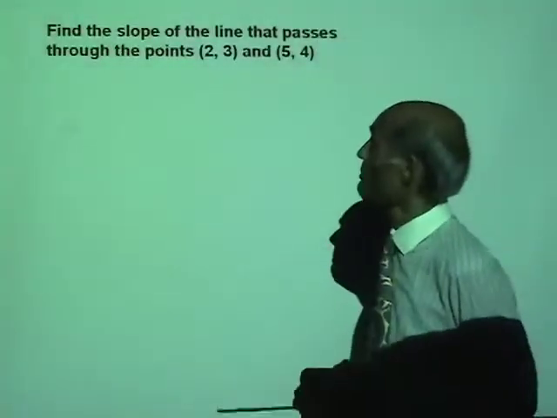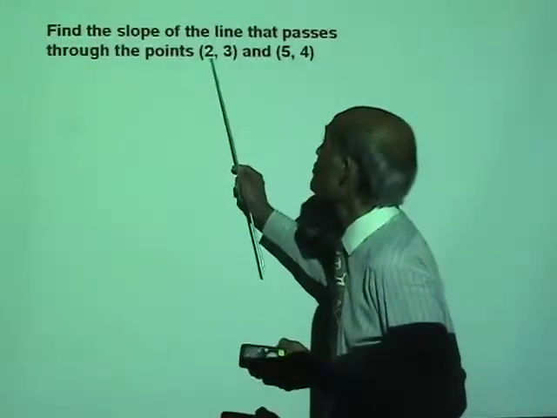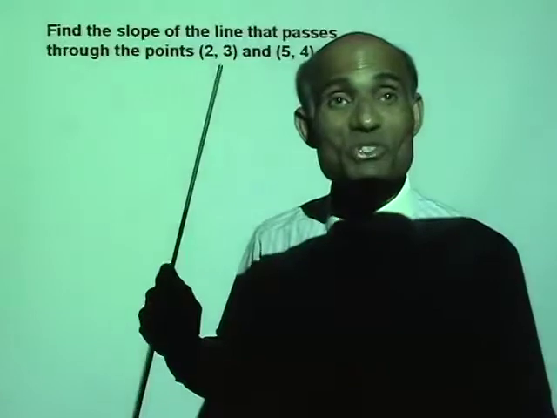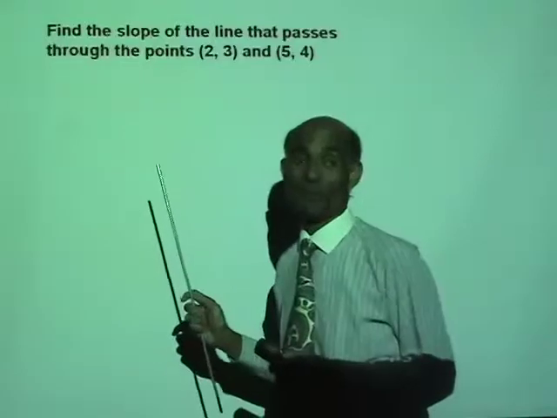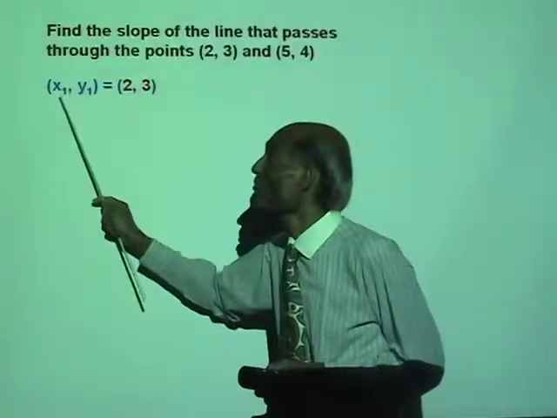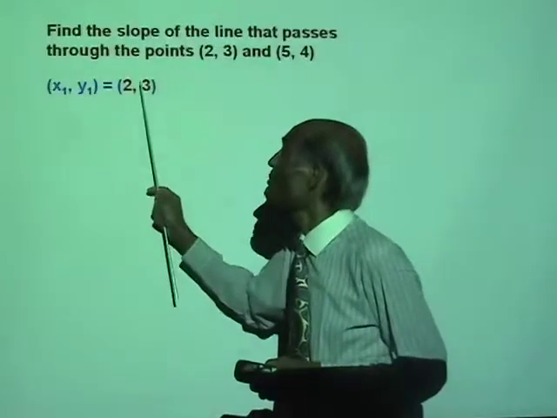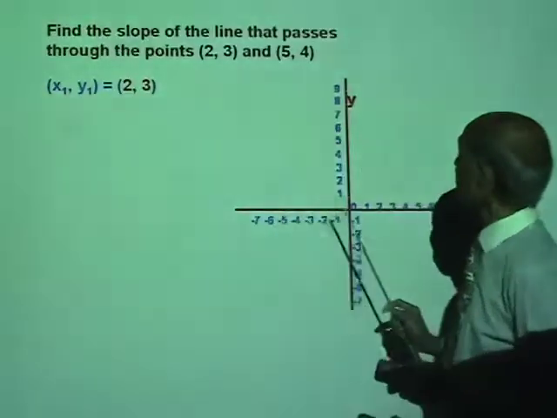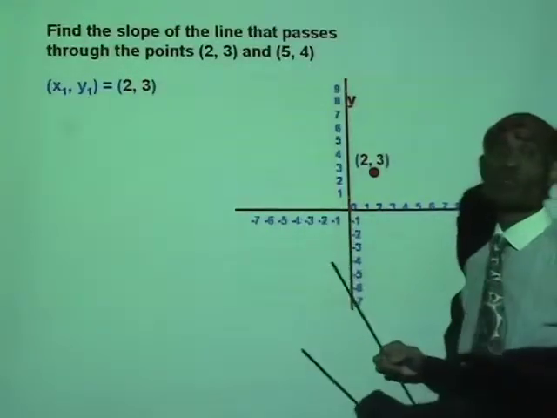Alright, let's do a couple of problems. Find the slope of the line that passes through the points (2, 3) and (5, 4). You want to find the slope of a line that contains these 2 points. Well, what does that mean? The first point is what we call x1, y1. The value of x1 is 2, then the value of y1 is 3. Alright, let's mark that. x1, y1 is (2, 3), here.